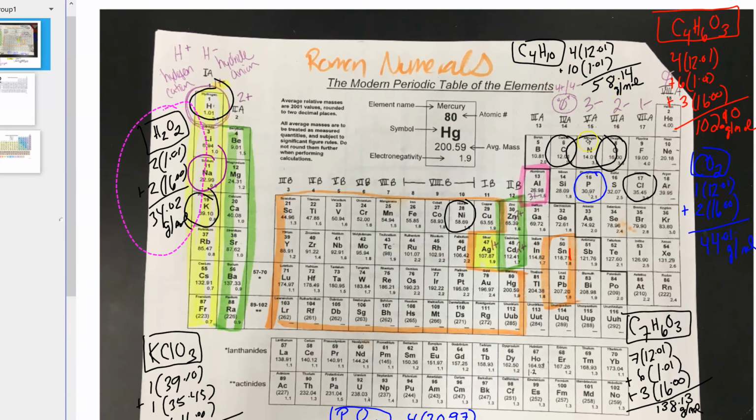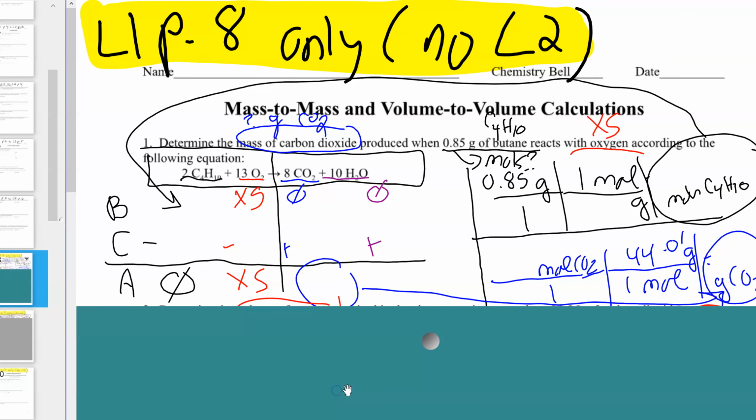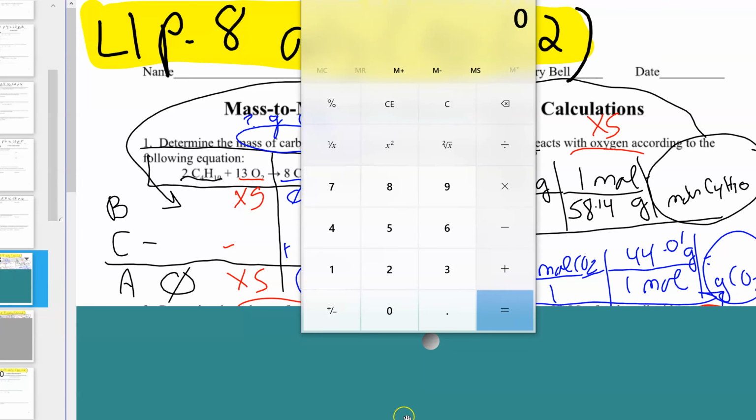Well, look at that. Carbon has a molar mass of 12.01. Hydrogen has a molar mass of 1.01. When we add up all those parts, the molar mass of C4H10 or butane is 58.14 grams per mole. Now to get my moles, we're going to use our calculator.